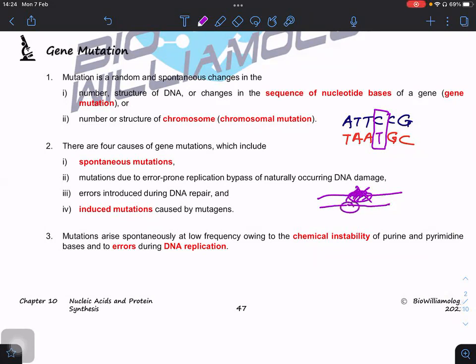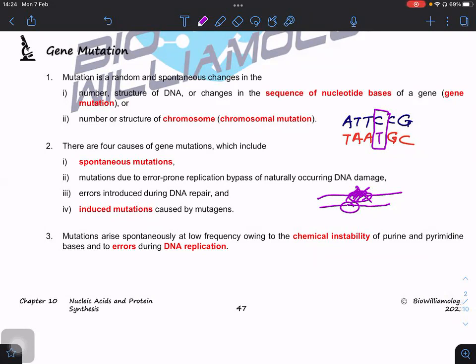So a small segment of the DNA is not copied or replicated. Are you clear? The DNA becomes shorter. Therefore, this can also cause mutation, as a short segment of DNA is removed.